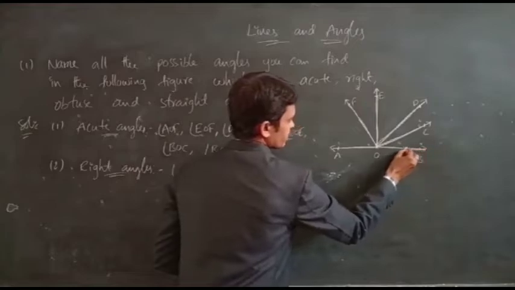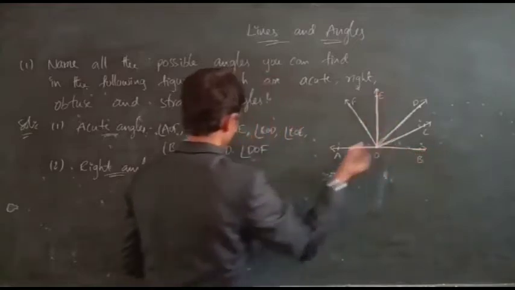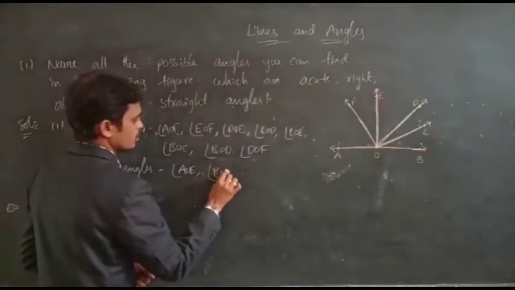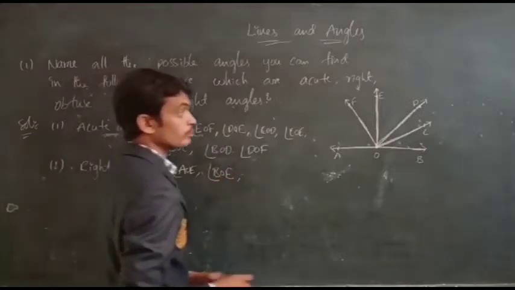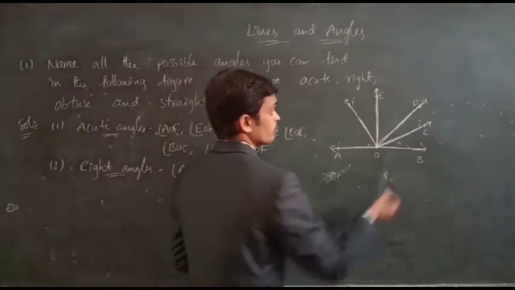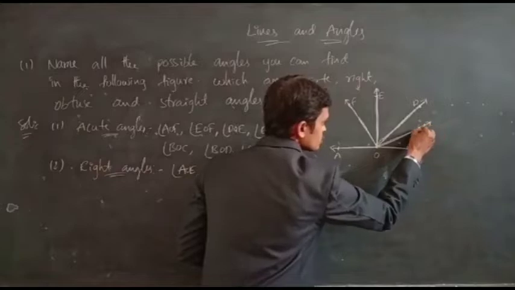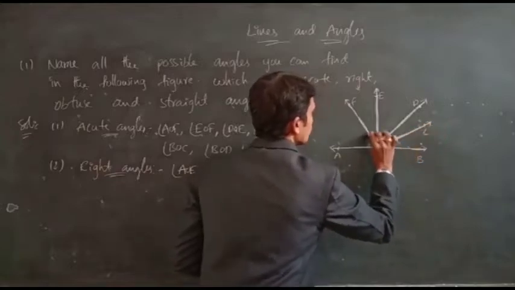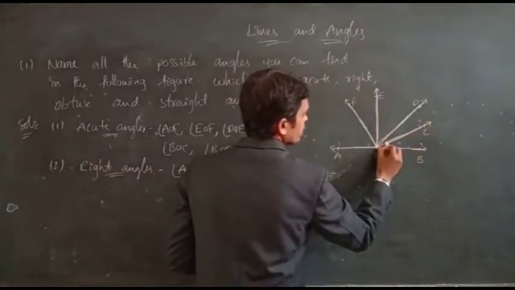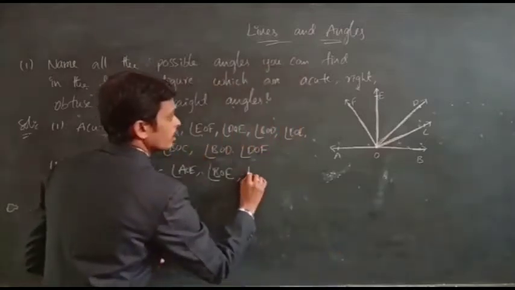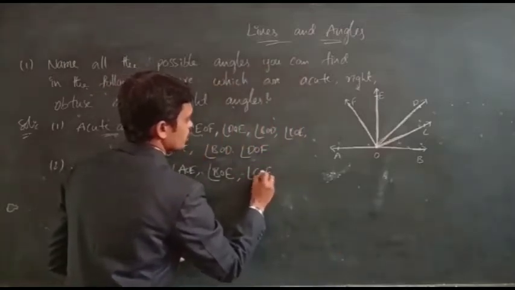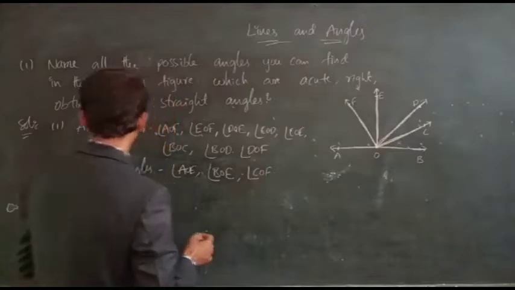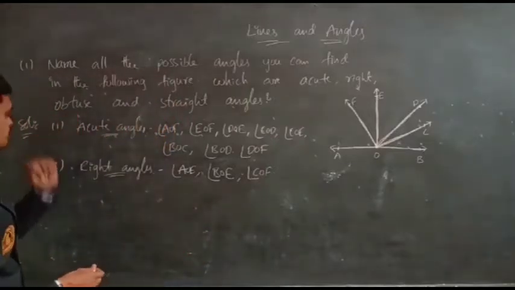From this side, angle BOE, right angle. And one more right angle is also there. What is that? Angle COF, 90 degrees. Angle COF is another right angle.